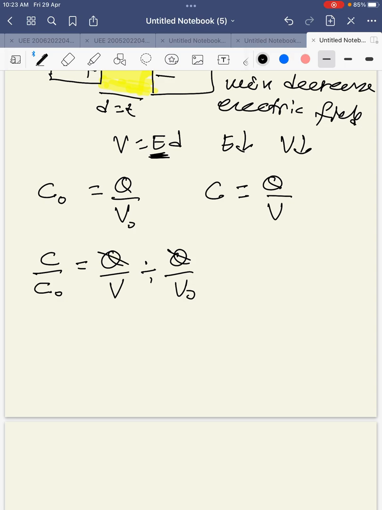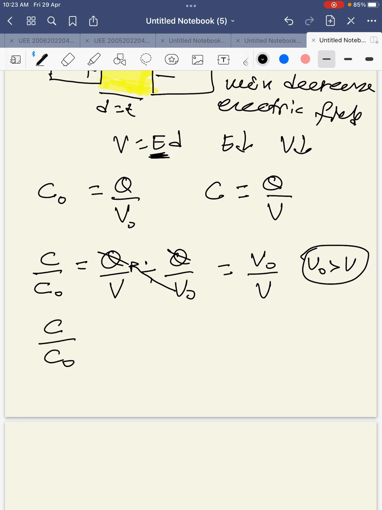Q cancelled by Q, you take this V naught over V, and V naught is greater than V. Clear? Therefore, C over C naught is equal to V naught over V, which is greater than 1, because V naught is greater than V. This implies C is greater than C naught.